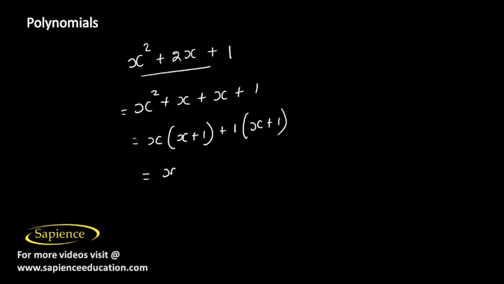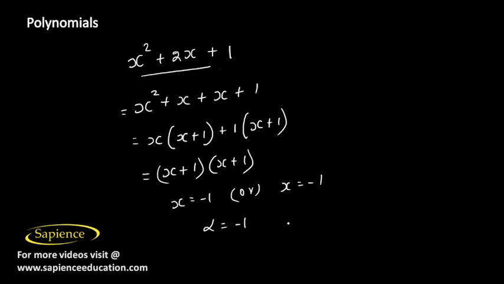This can be written as x plus 1 into x plus 1. So here either x is equal to minus 1 or x is equal to minus 1. Alpha we can take as minus 1 and beta also let us consider as minus 1.